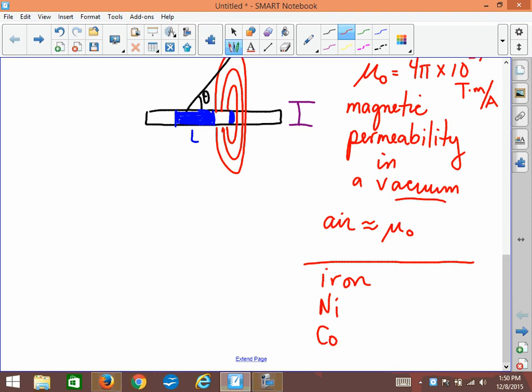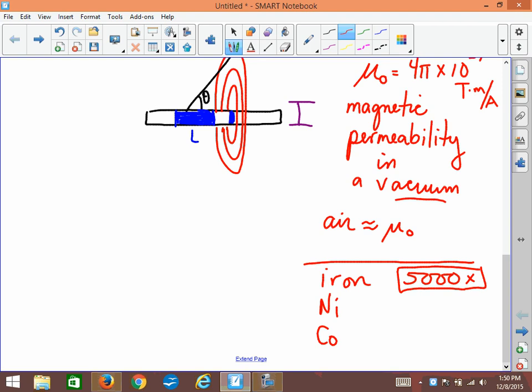And we've been able to use these metals in alloys with other metals to make even more powerful magnets. But if you get really good iron, and you do it in a very careful process, you can get something with 5,000 times greater magnetic permeability than, say, a vacuum.